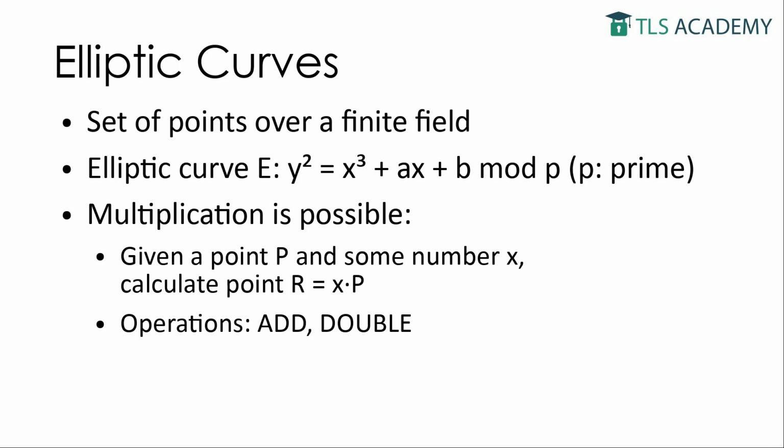This calculation is essential for establishing a common secret between a server and a client over an insecure channel. This common secret will later be used by both as their symmetric key. The only operations that are allowed, though, are add and double, so we have to decompose the multiplication into these steps, but this is possible for all multiplications.